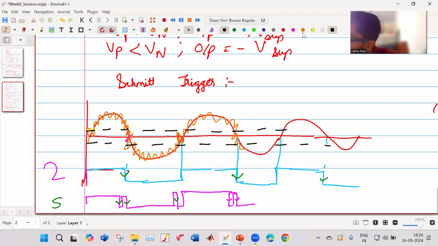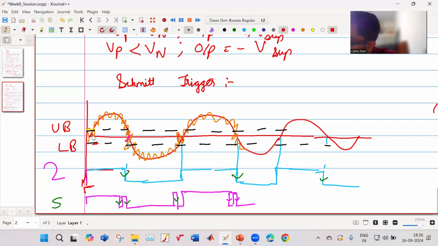Once it goes above this band, it becomes positive, and even if it goes below the band, it will not become a 0. Only if it goes below the lower band. There is the upper band and the lower band. If it goes above the upper band, it will become positive, and it will remain positive until the signal goes below the lower band.